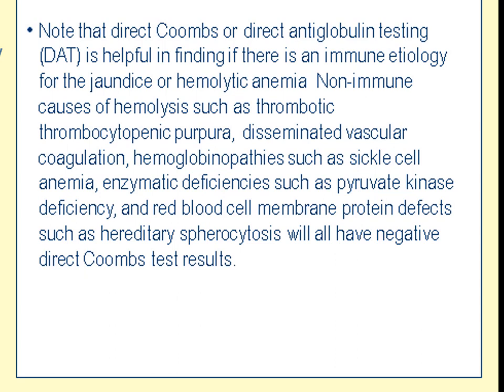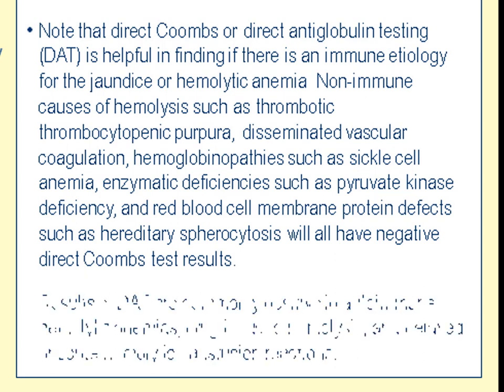Non-immune causes of hemolysis such as thrombotic thrombocytopenic purpura, disseminated intravascular coagulation, hemoglobinopathies such as sickle cell anemia, enzymatic deficiencies such as pyruvate kinase deficiency, and red blood cell membrane protein defects such as hereditary spherocytosis will all have negative direct Coombs results.